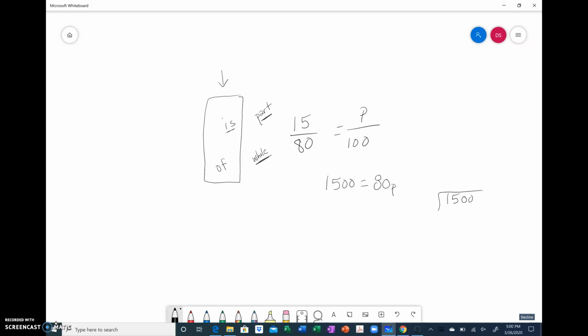1500 divided by 80. It will only fit once because twice would be 160. That leaves 700. And I'm just going to have to take a guess here that it's going to be 8. That's 640. That leaves me with 60.